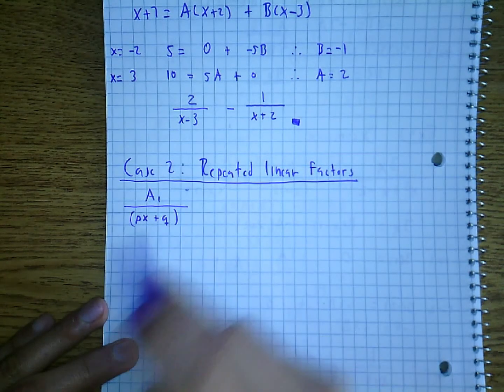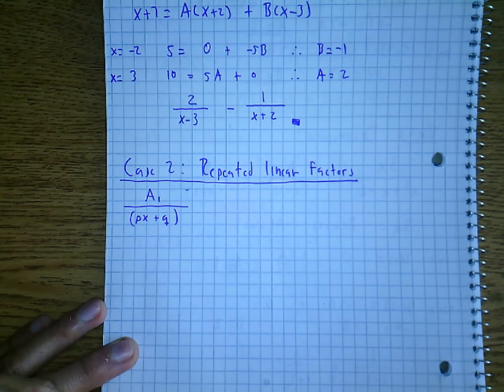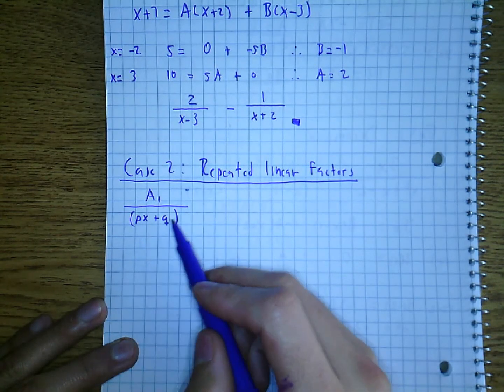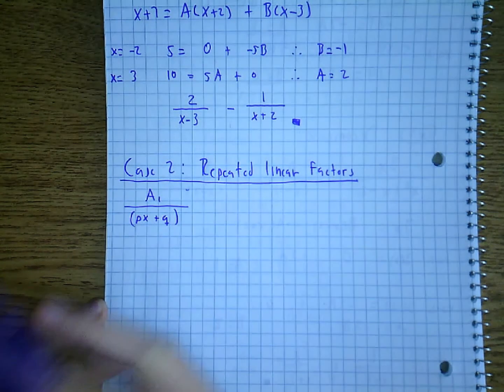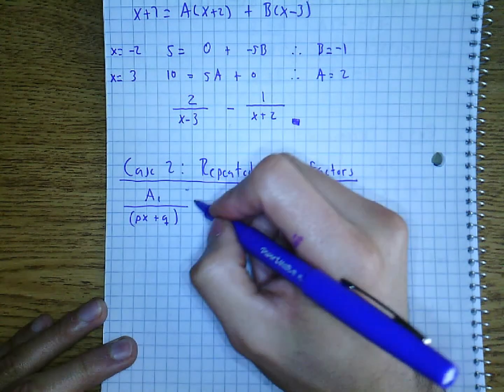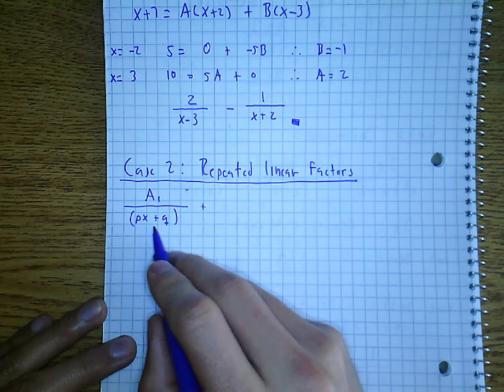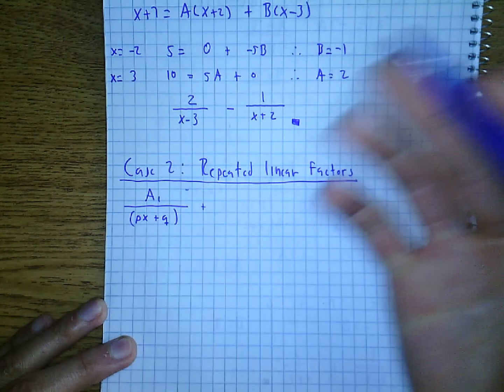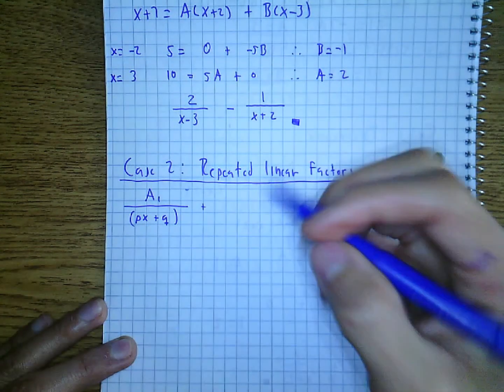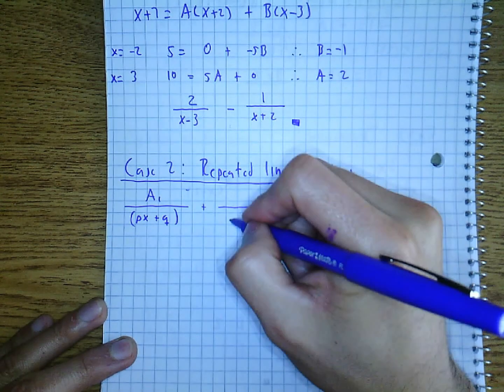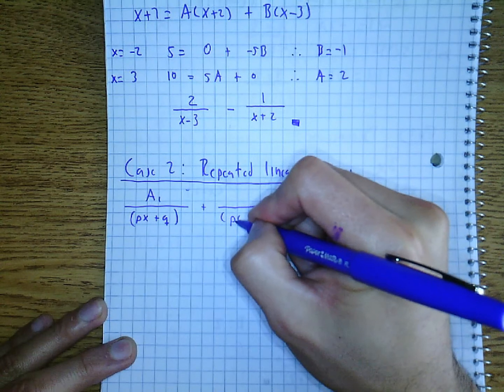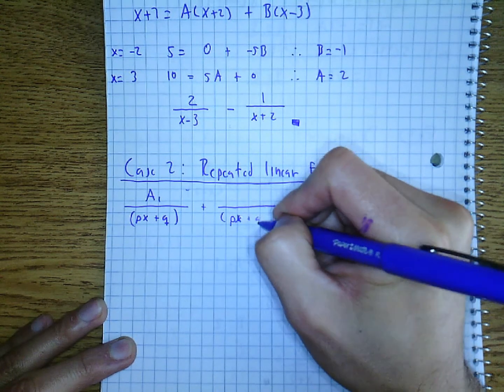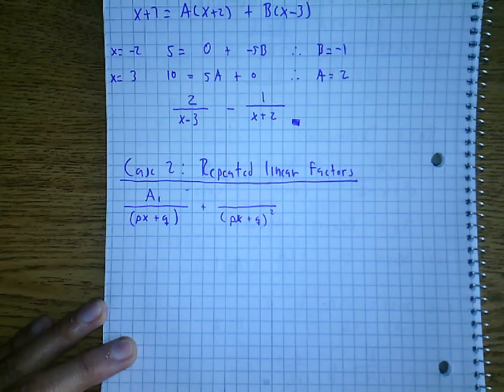So this could be like 2x plus 1. Are we okay with that? But let's pretend that this px plus q happens twice, or like 2x plus 1 happens again. So what you're going to do is you're going to put the exact same factor on the next fraction, but you're going to square it. And you're going to have a different number on top.